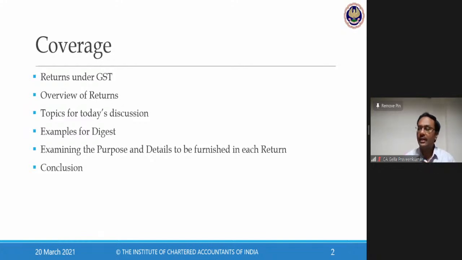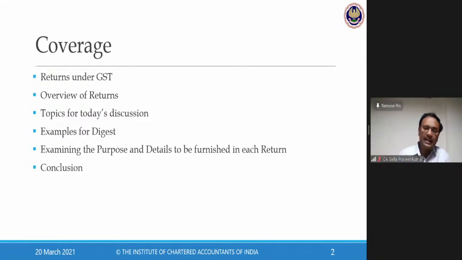When, as an assessee, someone is filling this return, from where the data has to be collated, and how that data has to be presented. As a registered person, how do we understand and analyze that data? Finally, we will summarize what will happen if the returns are not filed in a timely manner. So this is my overall coverage for today's discussion.